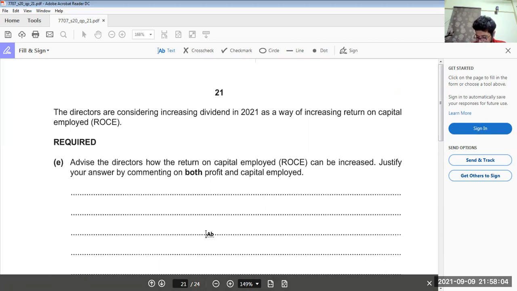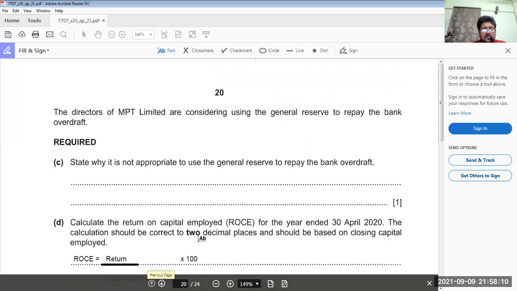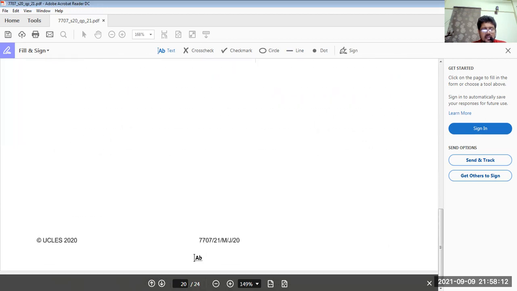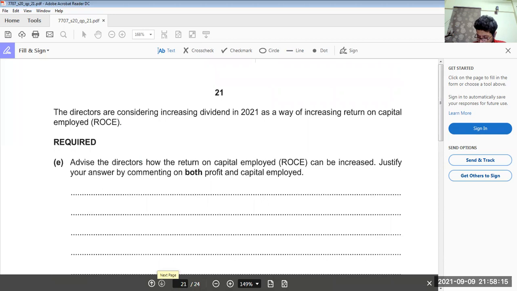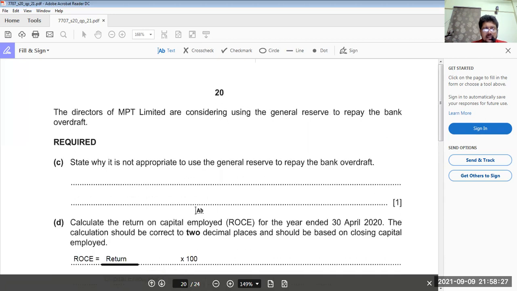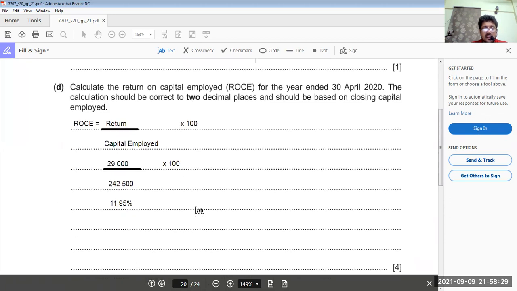Now, have you missed something? This is the last part. Okay. Now see, return on capital employed is 29,000. Return means profit.